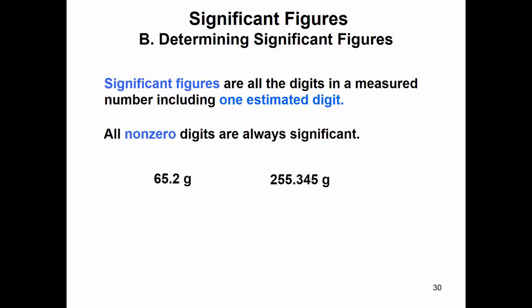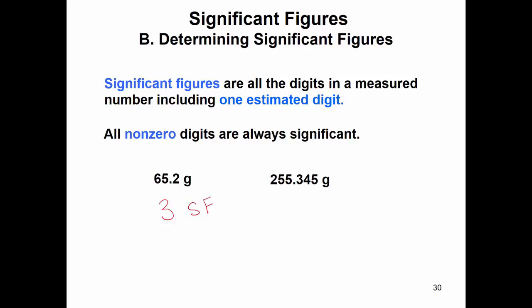All right, all non-zero digits are always significant. So that narrows down everything except for zeros. So for all of our non-zero digits, here we have 65.2. It's got 3 significant digits. I actually call them sig figs or SF.